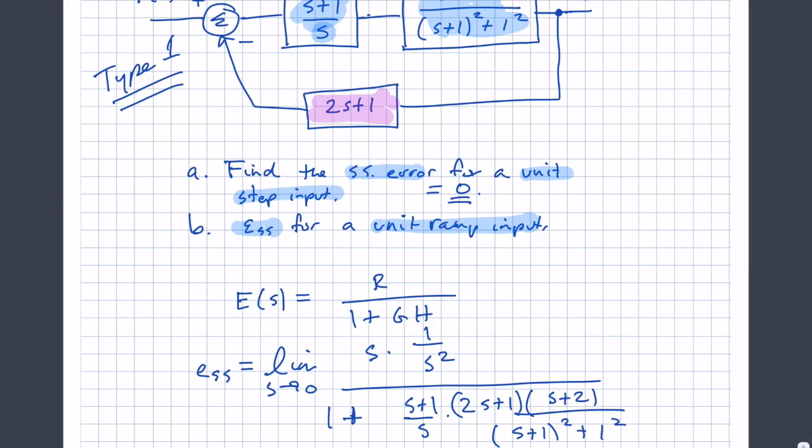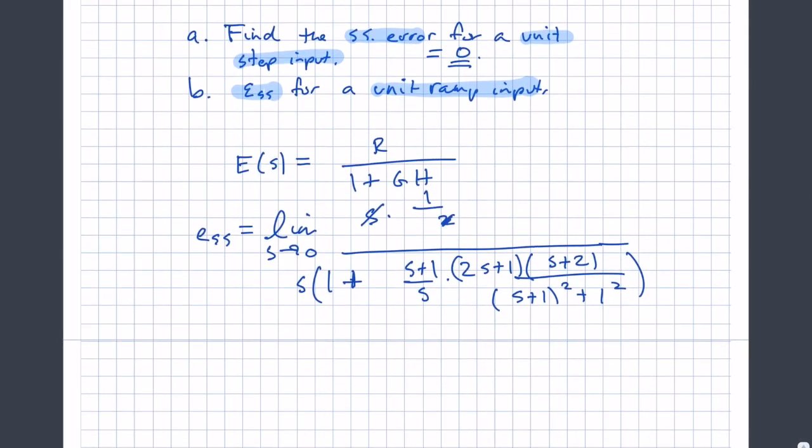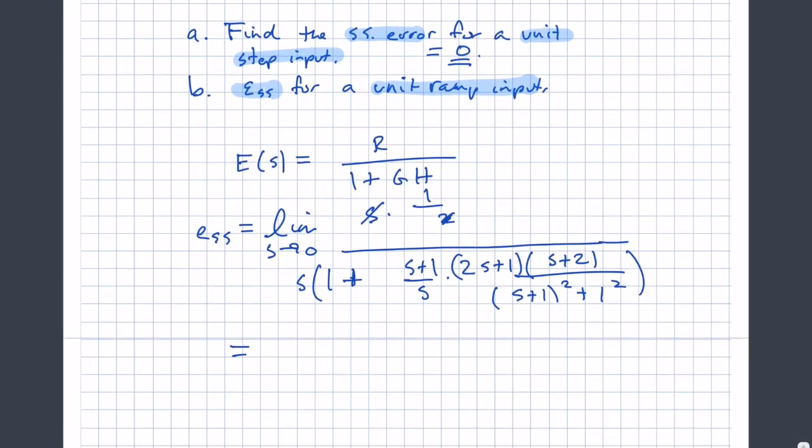Okay, so notice what happens here is that this S cancels with one of these, and then this S essentially shows up, it's algebraically equivalent to put it in the denominator. Notice what happens at that point. You don't have to do a lot of algebra.